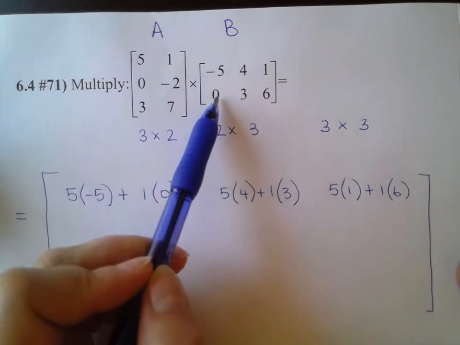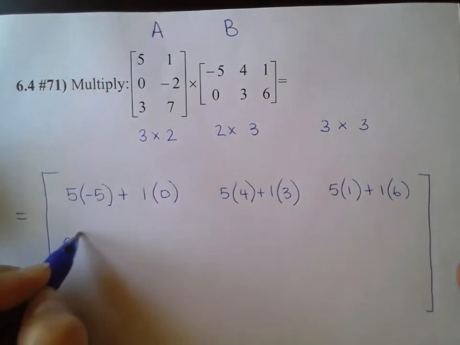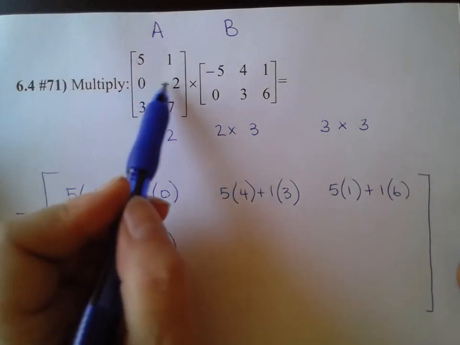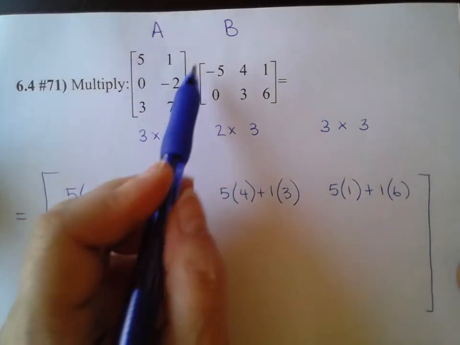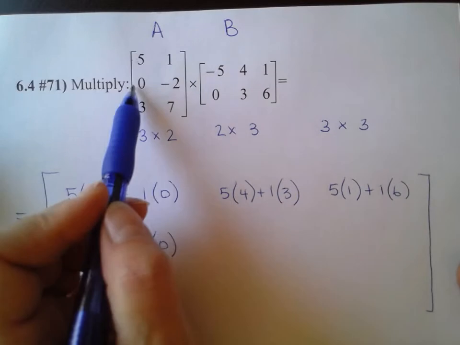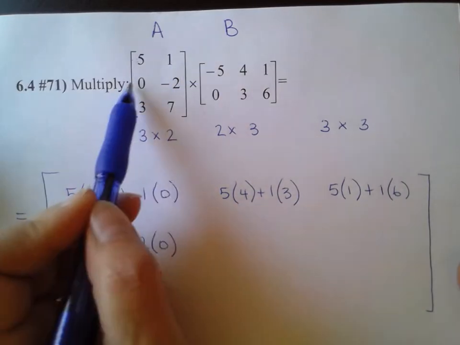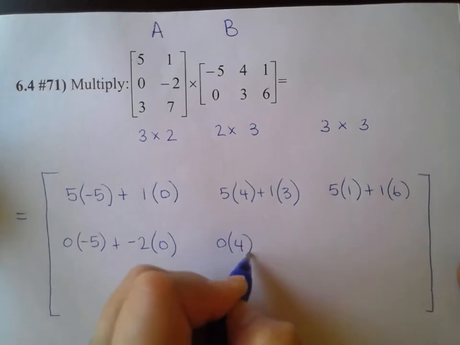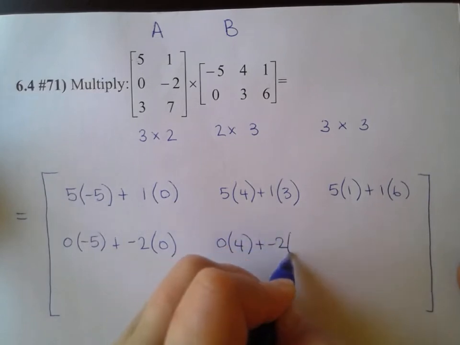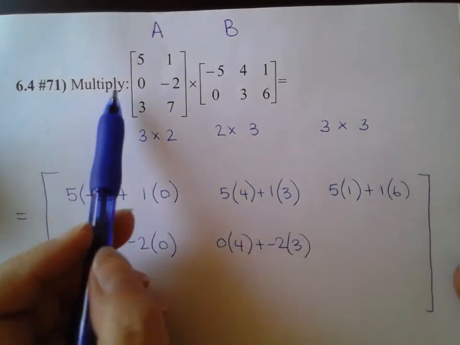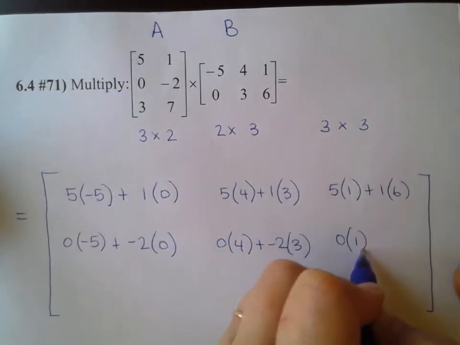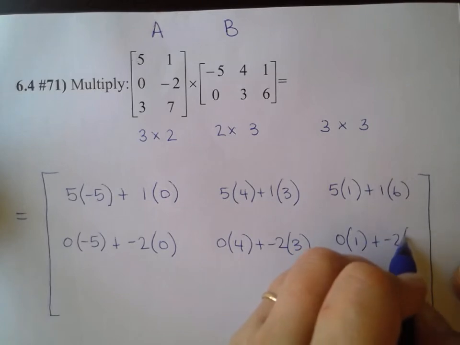Now we're going to use the second row of A. Second row times first column, so 0 times negative 5 plus negative 2 times 0. Now second row times second column, 0 times 4 plus negative 2 times 3. And then second row times third column, 0 times 1 plus negative 2 times 6.